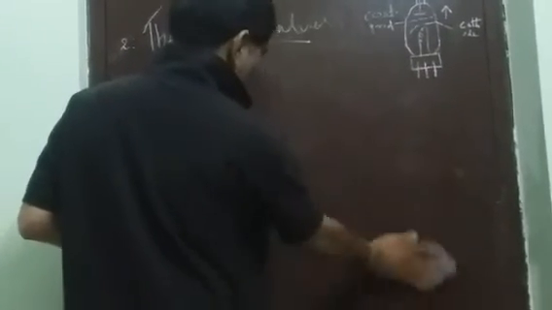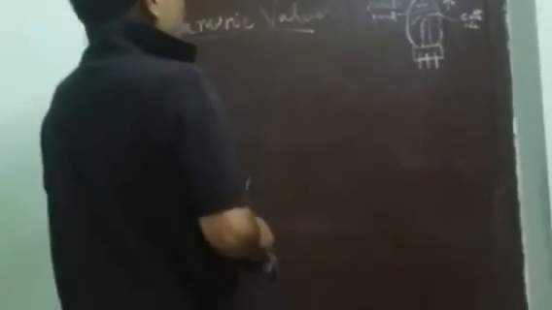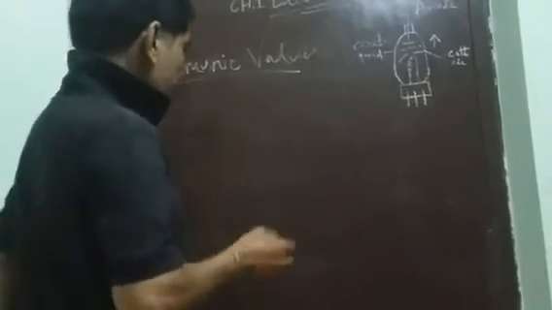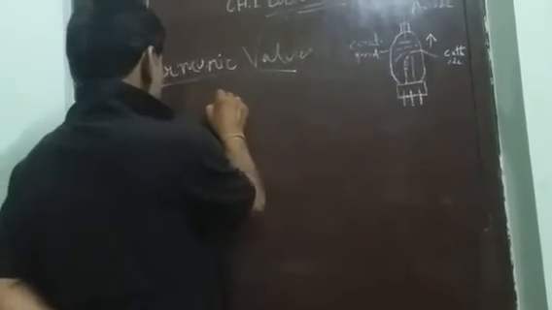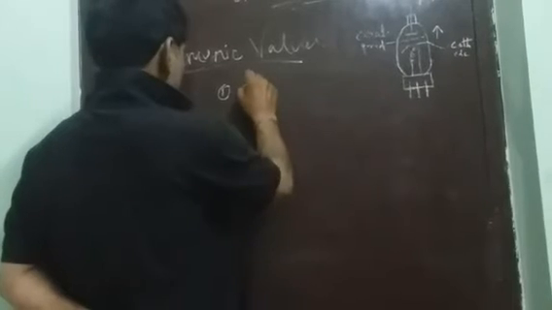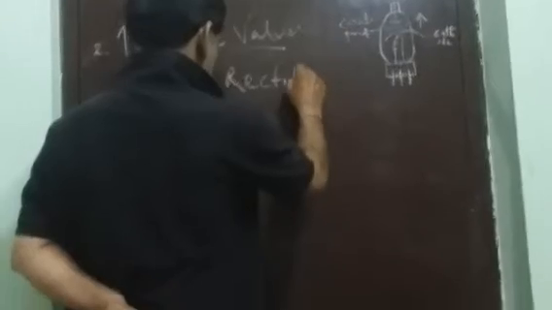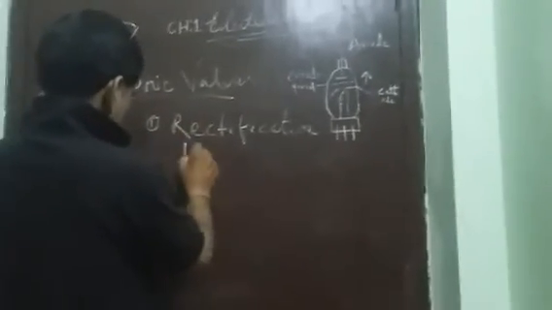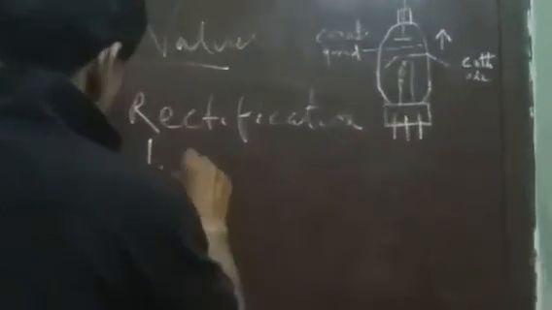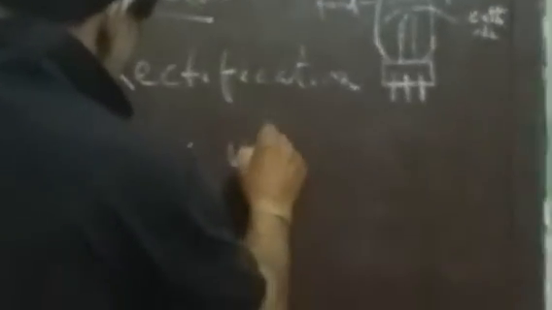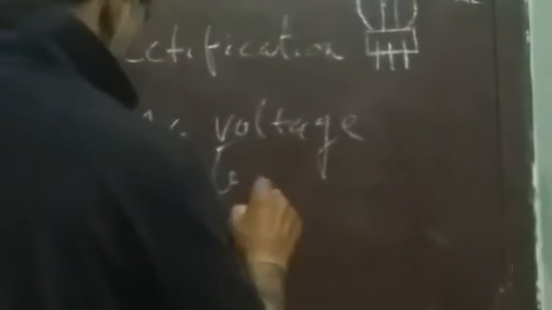Now I am going to tell you the basic functions of a valve. The basic function of a radio valve is first rectification. Rectification means we can convert AC voltage to DC voltage.